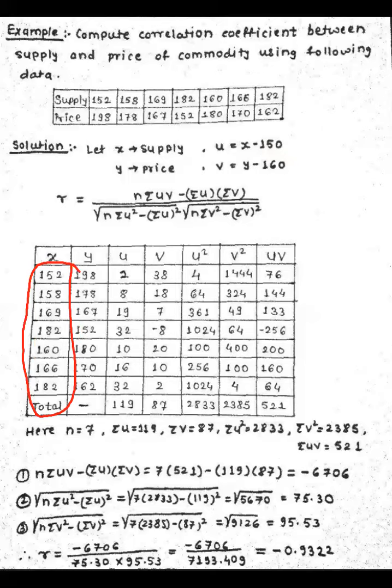You can take 160, which is in the x observation column. You can take a value as 160. You can also take a value as 152. There is no restriction while choosing the value of a. So here I choose a very simple number, so that we can easily calculate the u column.